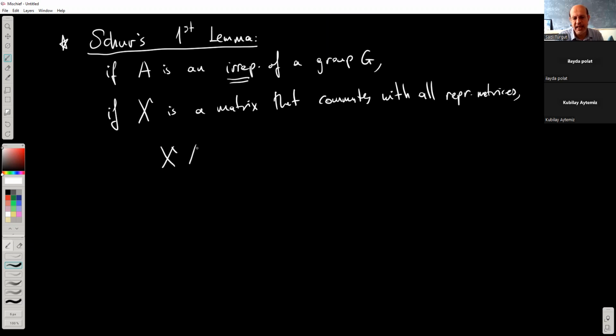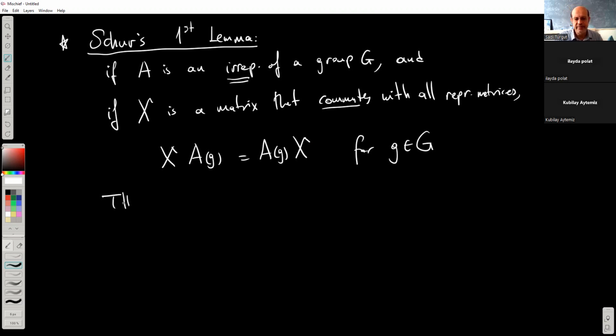let's say it like this: X multiplied with A(g) is the same thing as A(g) multiplied with X. So the order does not change, but keep in mind that this has to be true for all group elements, right? So if A is an irreducible representation and X commutes with all of these representation matrices, then X is a multiple of identity.